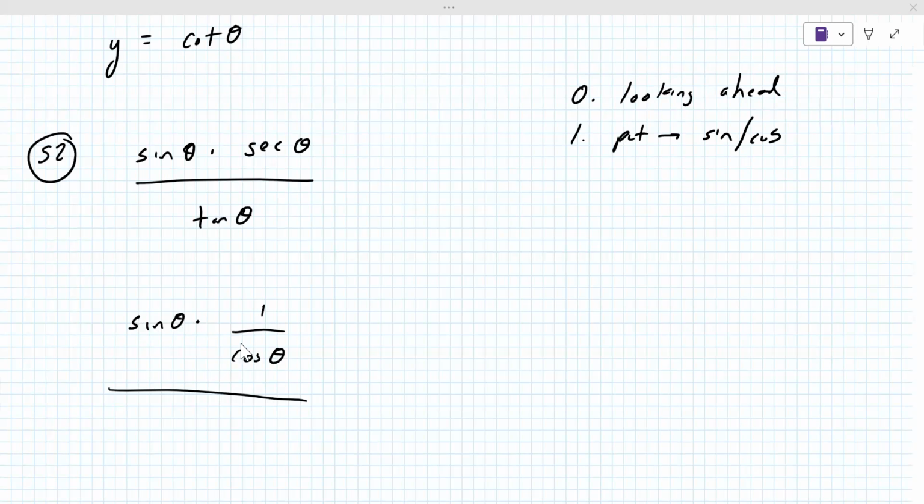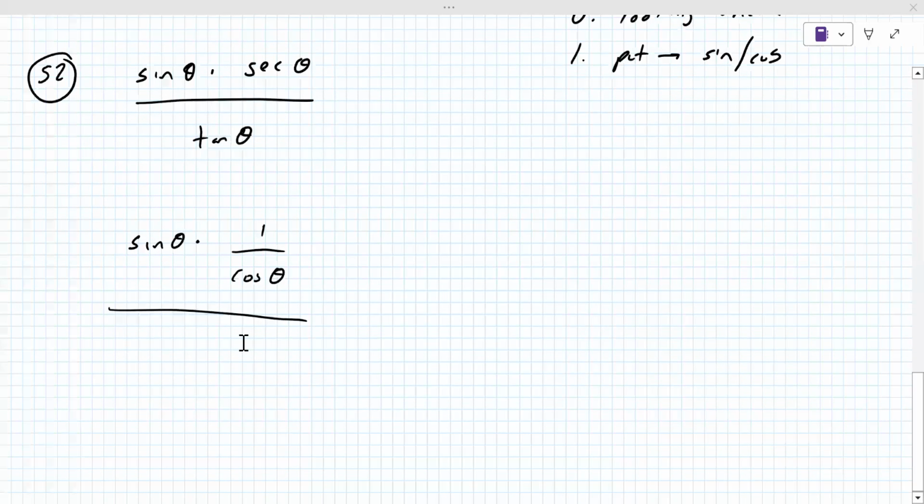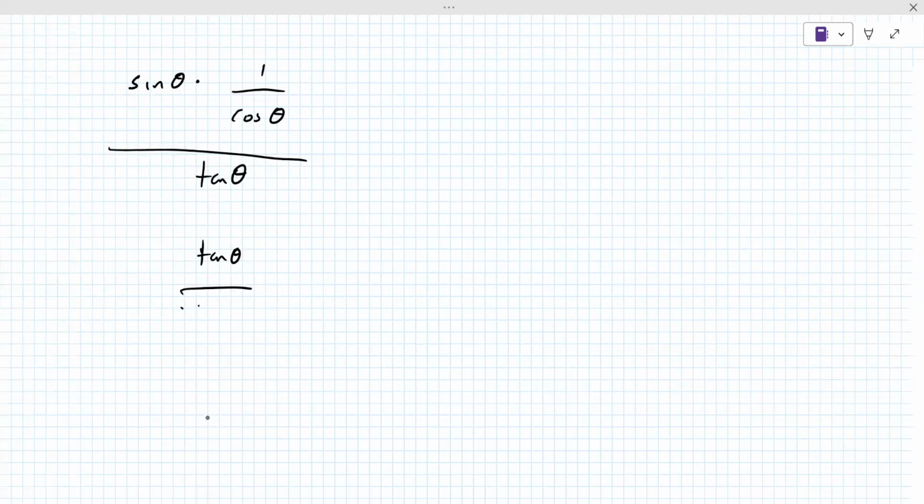What is sine over cosine? What's another way to write it? Tangent. So the numerator becomes tangent and the denominator stays tangent, which means it becomes tangent over tangent, which is equal to 1.